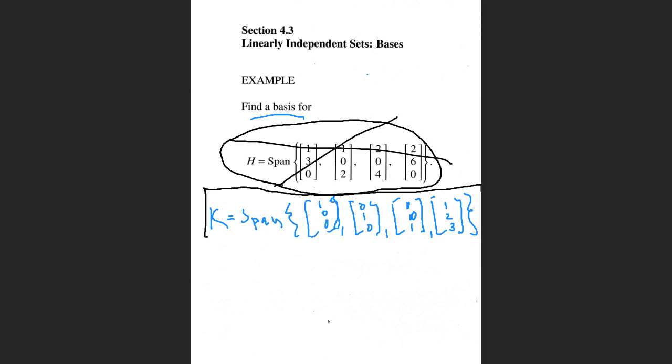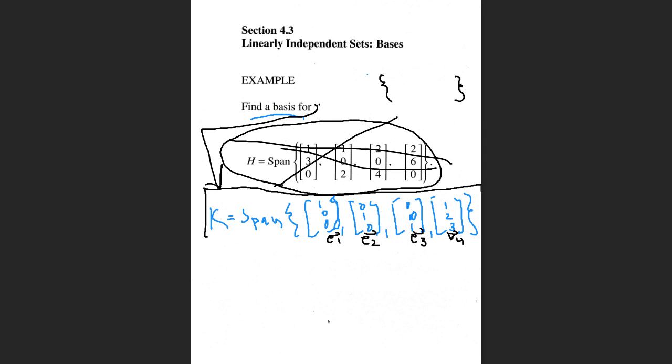If I said find a basis for this space K, which is the span of those 4 vectors, which are E1, E2, E3, and then some vector V4, what would the basis be? Tell me the vectors that are in the basis.